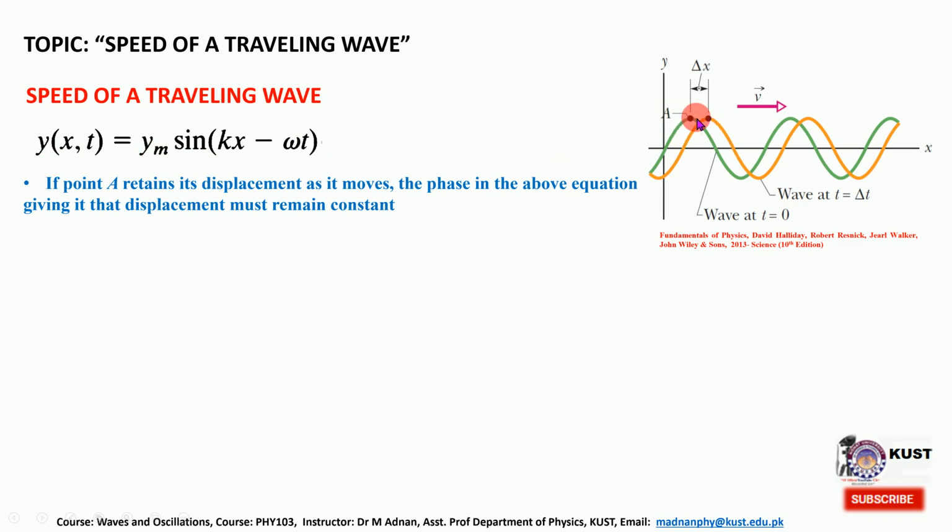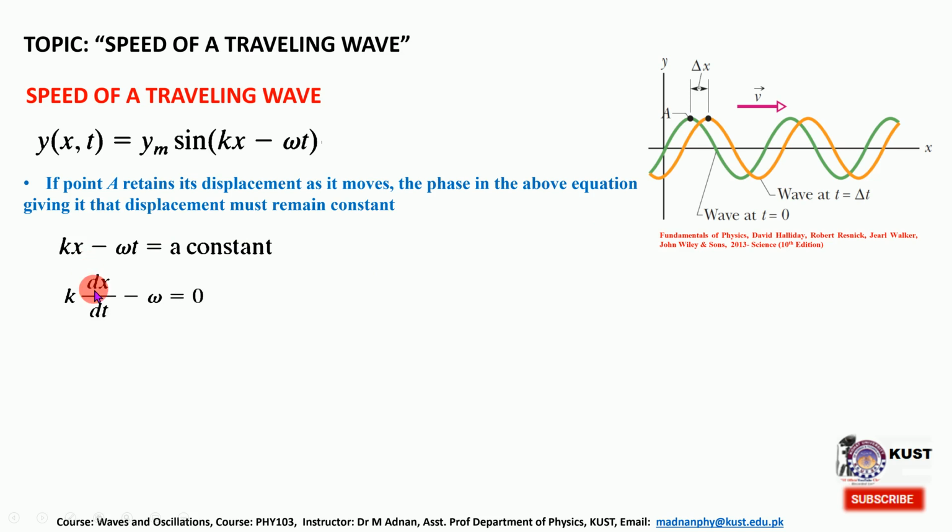Since the amplitudes are the same and the function is the same sine, it means that kx minus omega t, that is the phase, is constant between those two snapshots. That's why the displacement is the same.